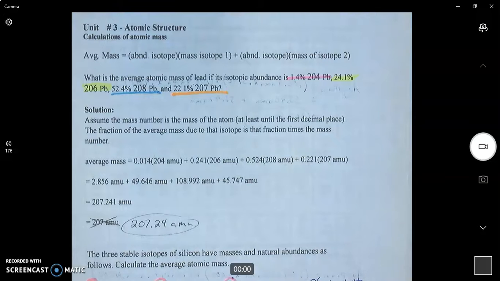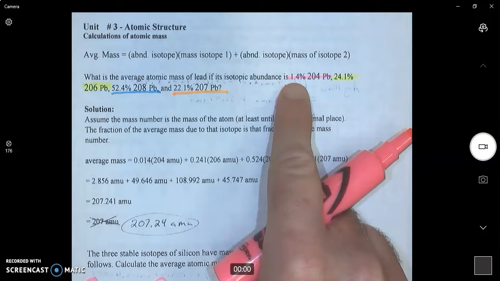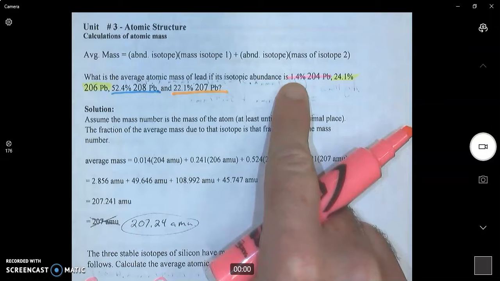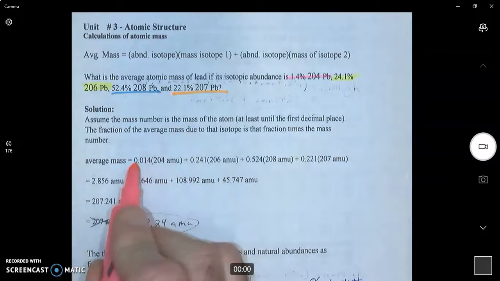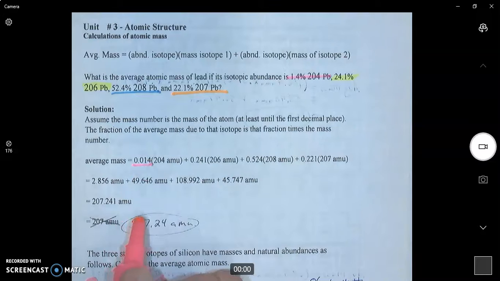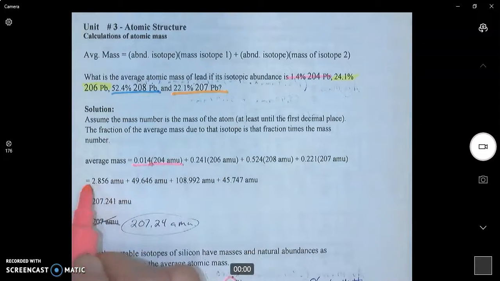The first thing we're going to do is take our first set of data. 1.4% is going to be 0.014 times the mass of 204. If we plug that in and do that math, we get 2.856 AMUs.